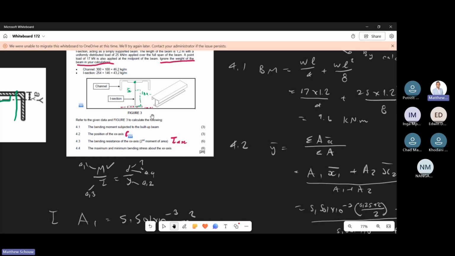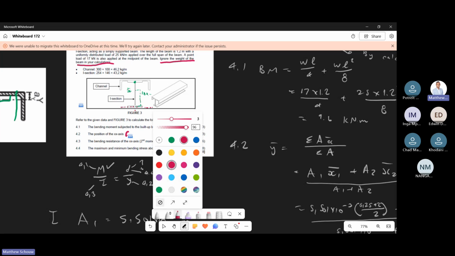Quickly calculate half of 259.2. That value we worked out in the previous one. I think it's 129.6, right? Yes.